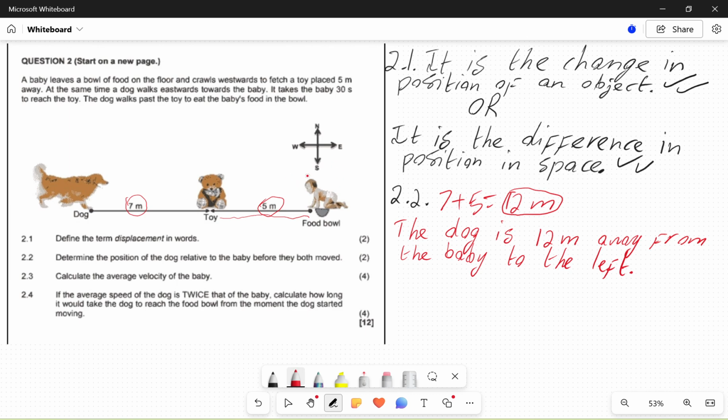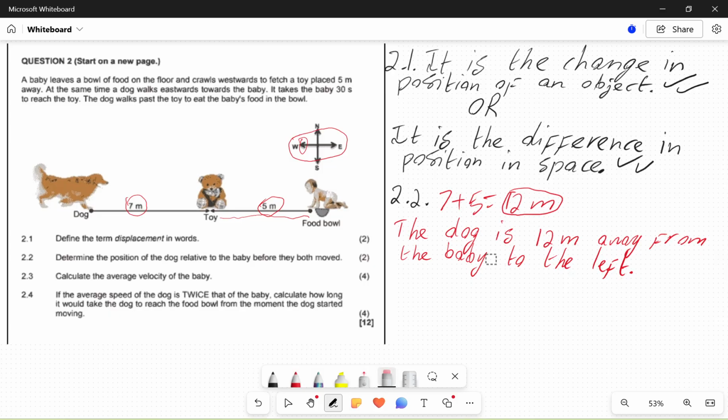In fact, I forgot about this: they've given us west and east, so looking at this arrow here, it's facing west, so the dog is on the west hand side of the baby. So that's what you should say here.